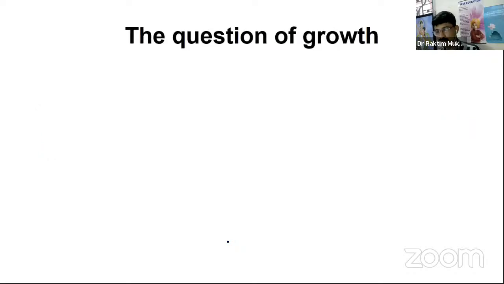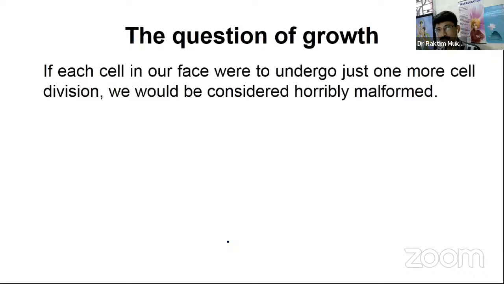When you talk about the question of growth, there were already several questions related to growth from CSIR-NET. Further, when you talk about the question of growth, if each cell of our face were to go through just one extra cell division, you would have been horrified. Just imagine, right?